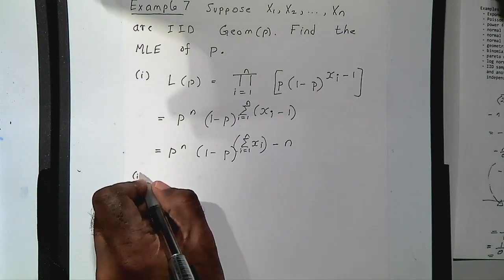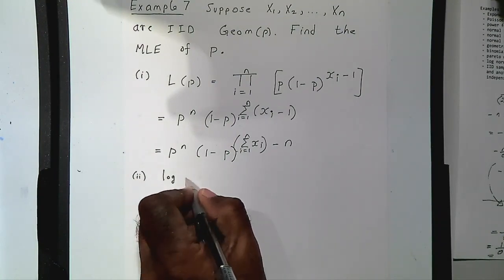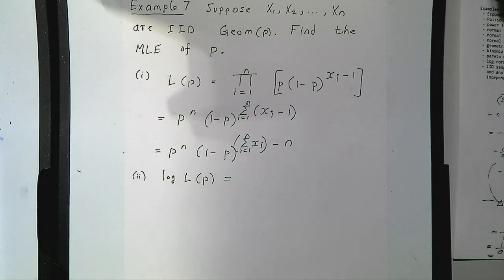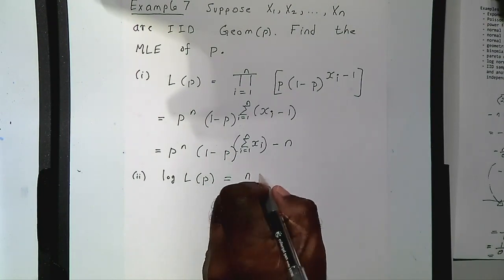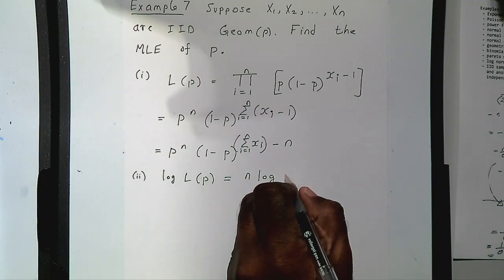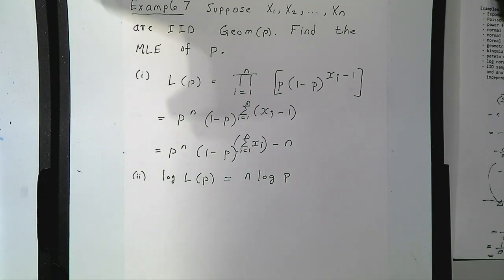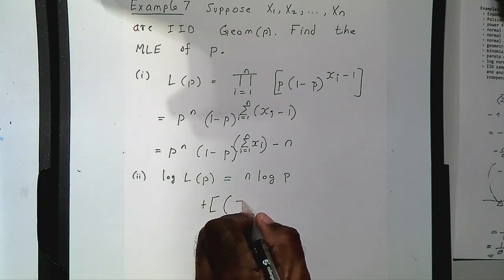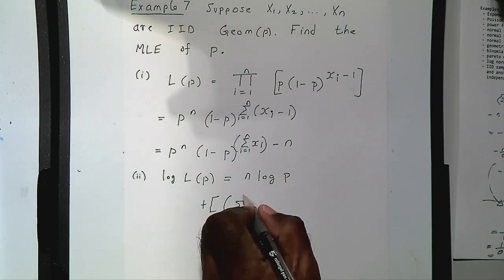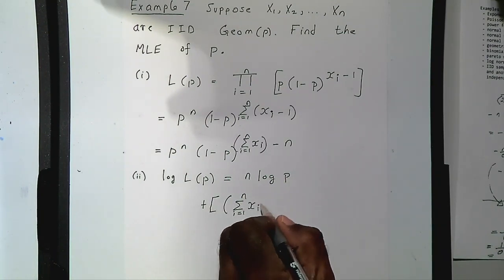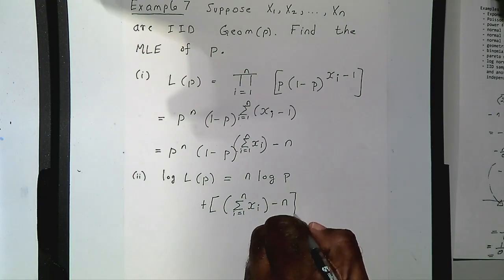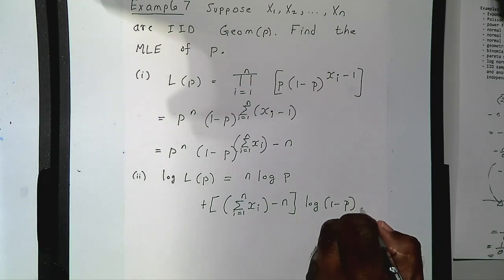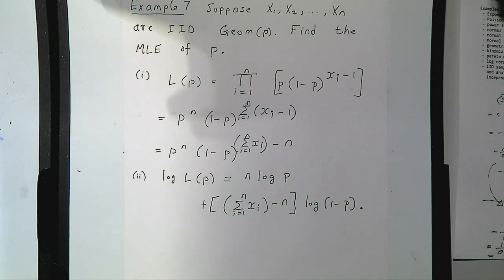Part 2 is to take the log of the likelihood. So log of this, you get n times log of p plus... So that's the log of the likelihood.